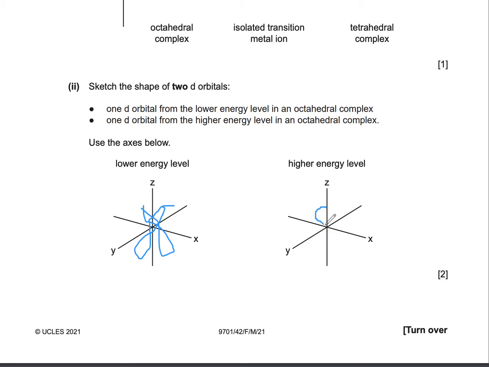So we draw this, and we draw one circle over here, so we know it's on the axis as well, on this axis basically. Okay, now moving on.